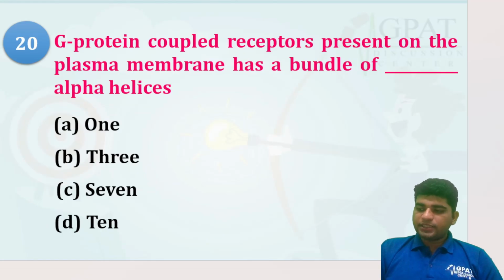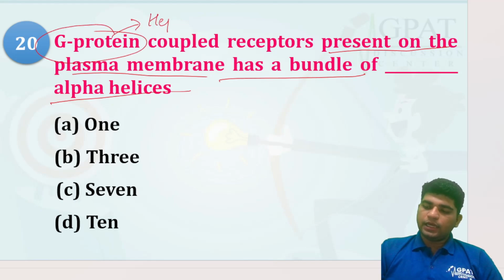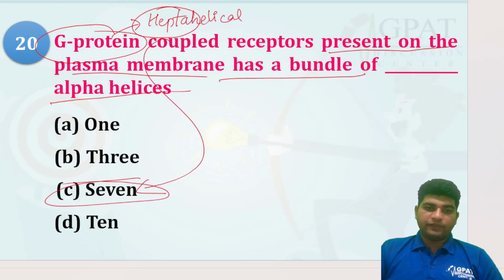G protein coupled receptors present on the plasma membrane have a bundle of how many helices? G protein coupled receptor is also known as heptahelical. This hepta signifies 7. So GPCR has 7 bundles of alpha helix.